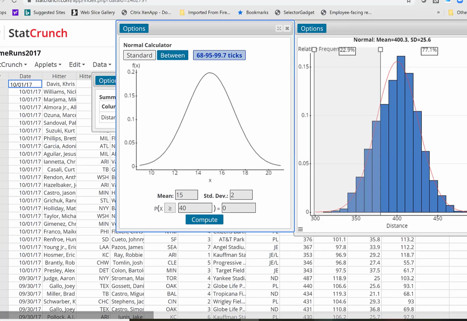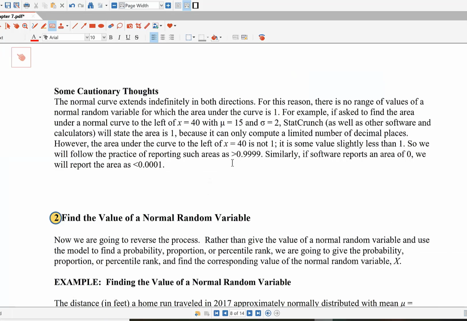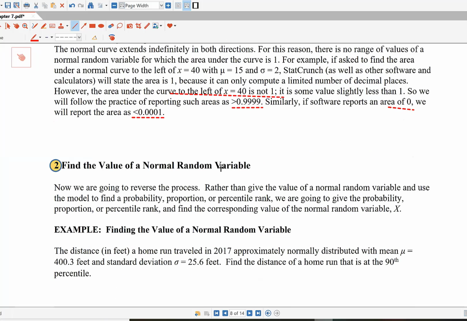So if asked to find the area to the left of 40, just say it's greater than 0.99999. And if the software reports an area of 0, we'll say it's really small, less than 0.0001. You're going to see that more often when we get into chapter 10, computing something called p-values. So stay tuned for that.